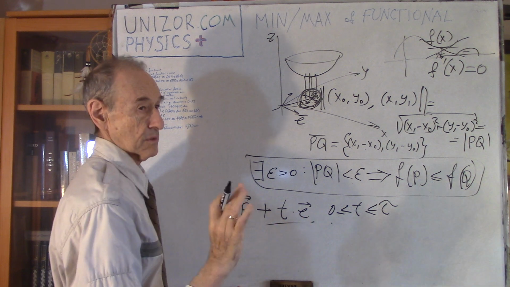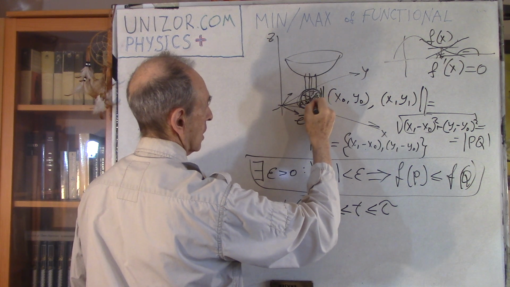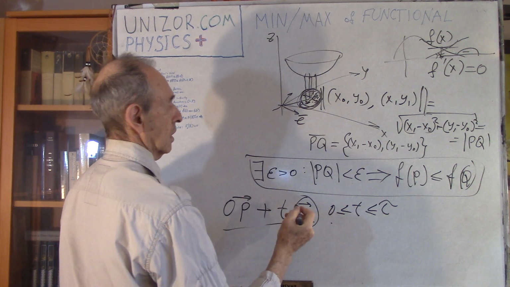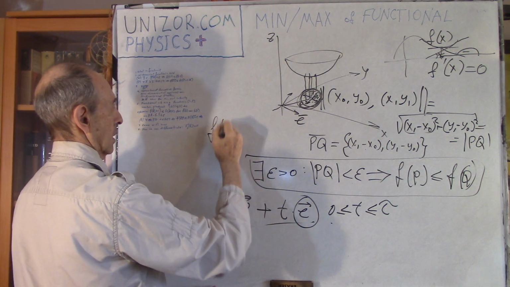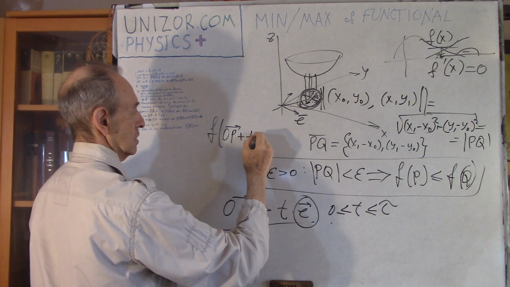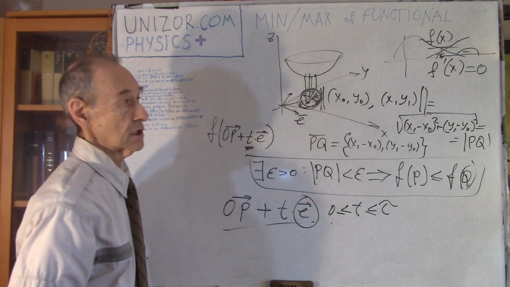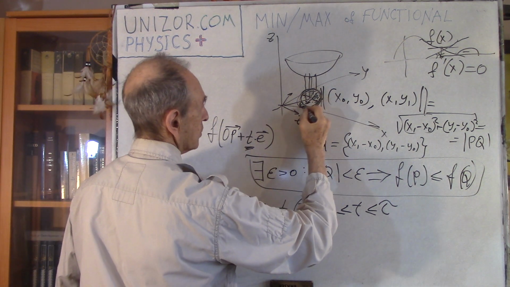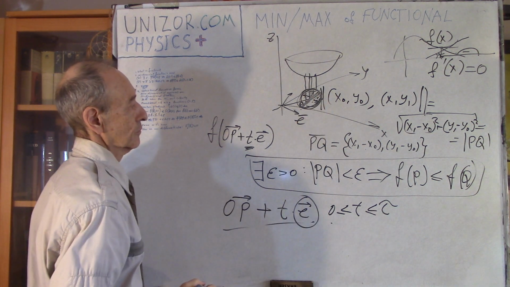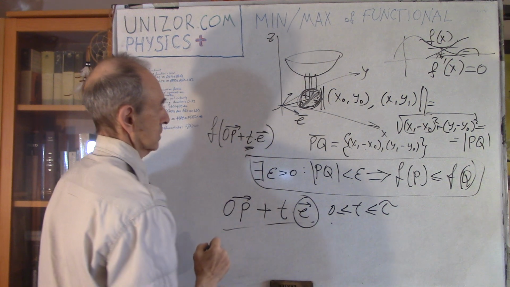So what if we fix one particular vector? Well, you will have a direction, and you can always consider the function of OP plus tE. If E is fixed, it's a function of only the real number t. It means all the points on this direction, from minus tau to plus tau.